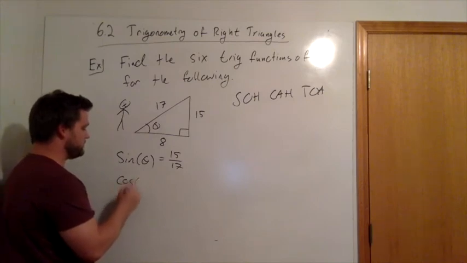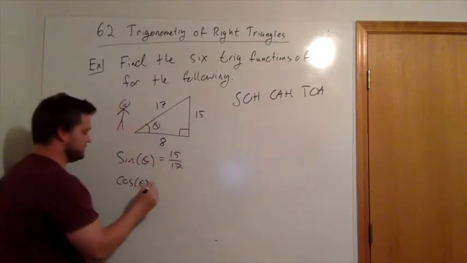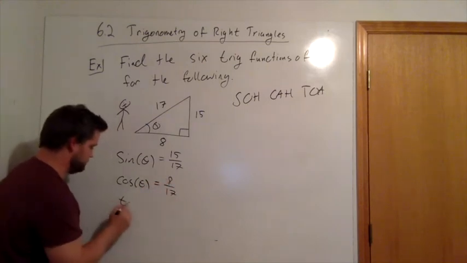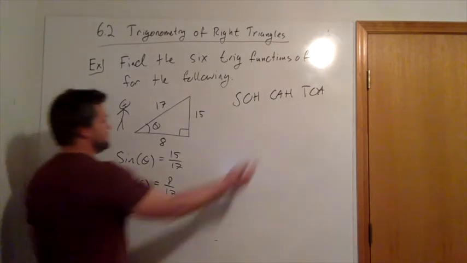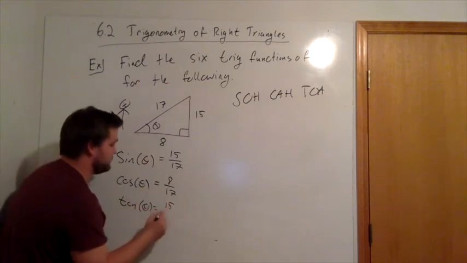The cosine of theta. Cosine is defined as adjacent over hypotenuse, so that'll be 8/17. The tangent of theta is defined to be opposite over adjacent, so that'll be 15/8.